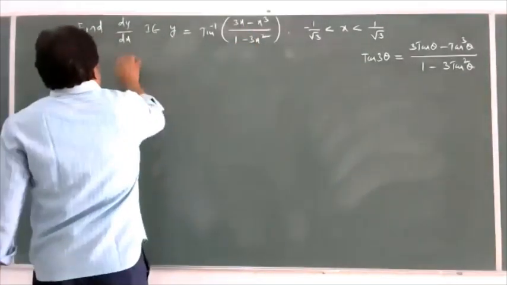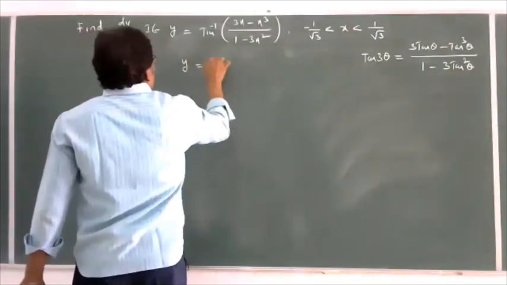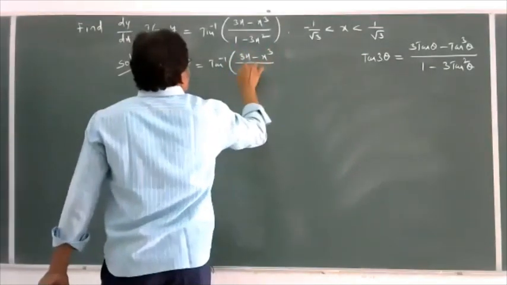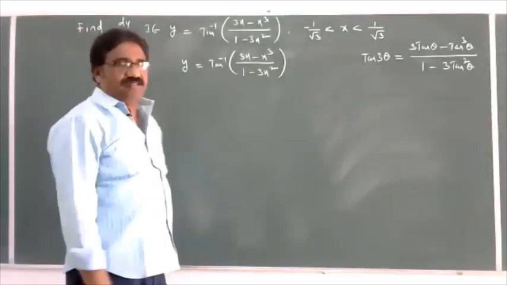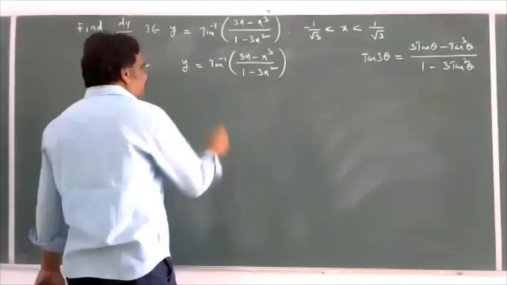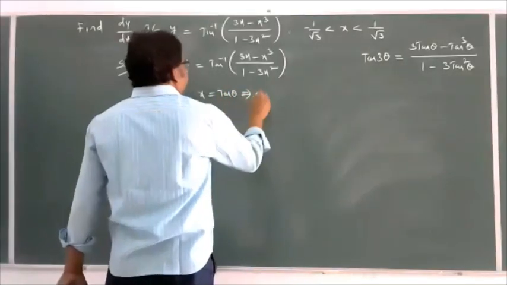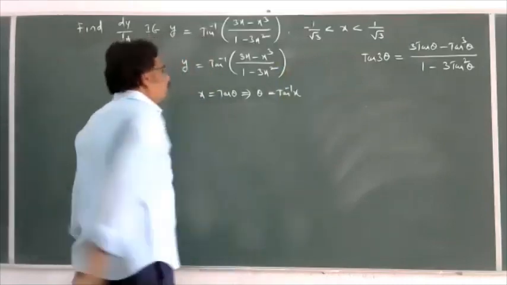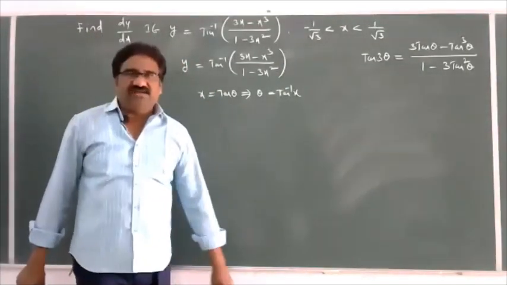Given y is equal to tan inverse of 3x minus x cube by 1 minus 3x square. Here substitute x is equal to tan theta, which implies theta is equal to tan inverse x.